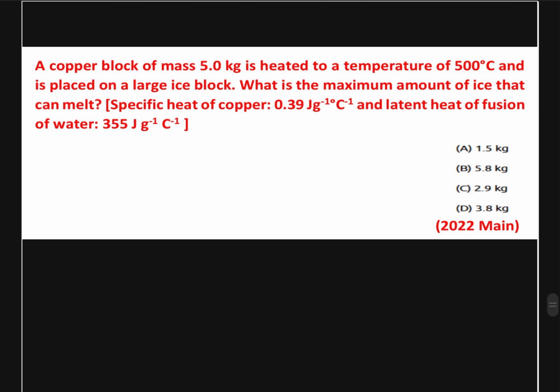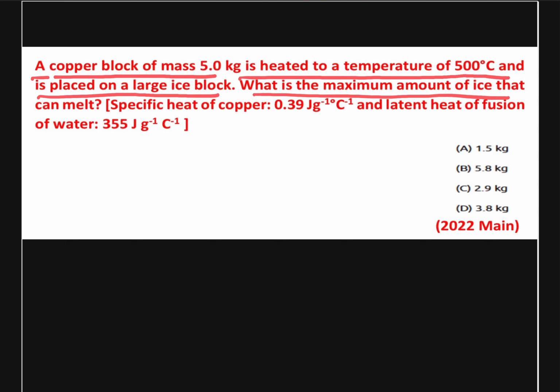It states that a copper block of mass 5 kg is heated to a temperature of 500 degrees centigrade and is placed on a large ice block. What is the maximum amount of ice that can melt? Okay, so it means the entire heat from the copper should be used in melting of the ice.